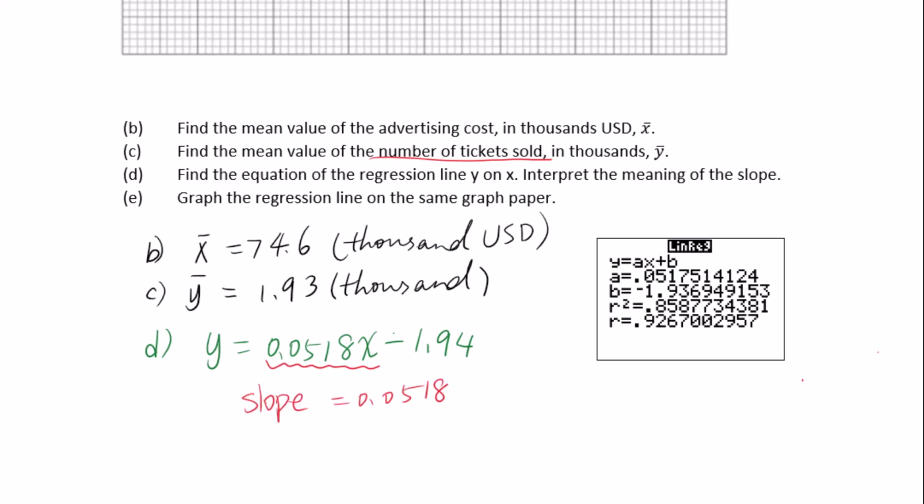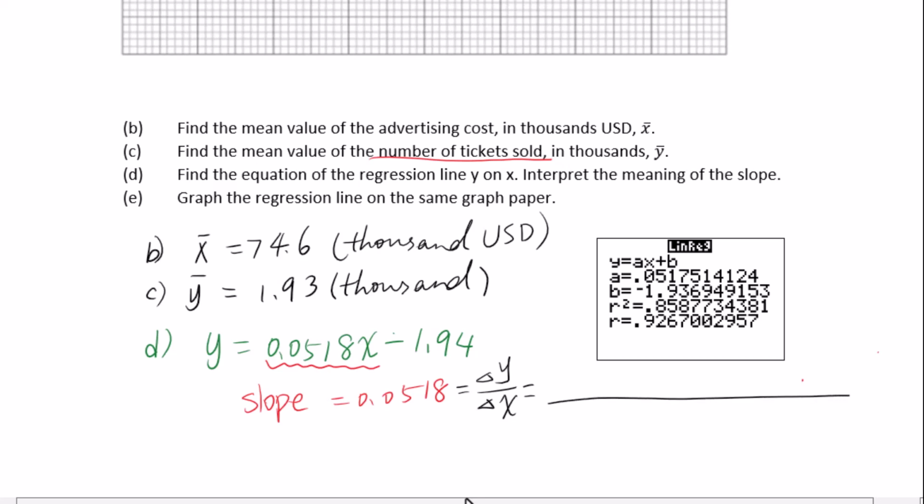We know the slope is 0.0518. So how to interpret the slope? First of all, we will write down rise over run, difference of y over difference of x. Then check what's the meaning for y and for x. Y means number of tickets sold in thousands. X means the advertising cost in thousands USD.